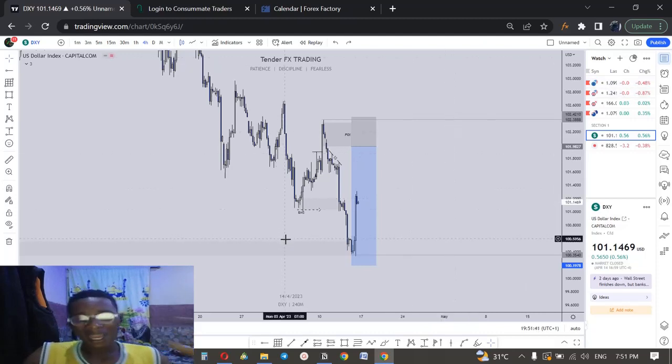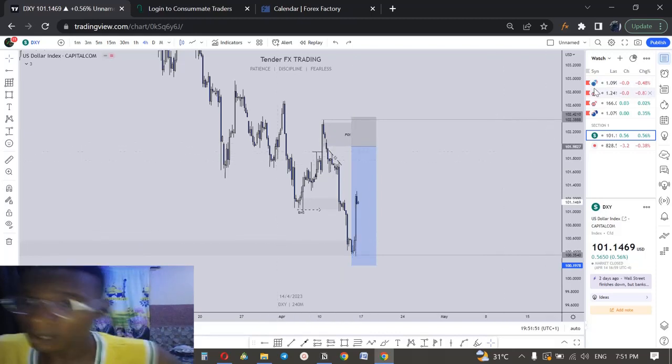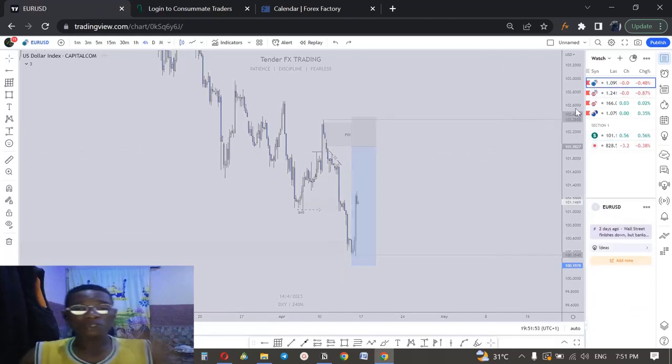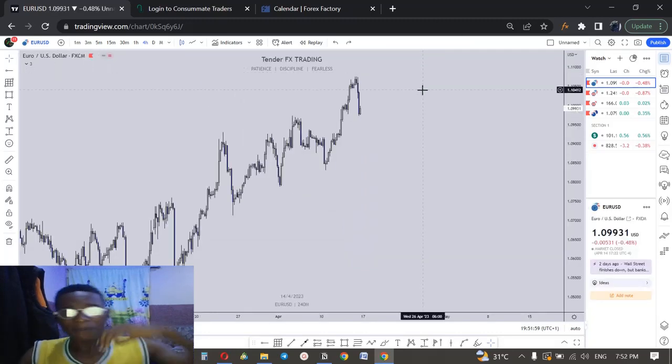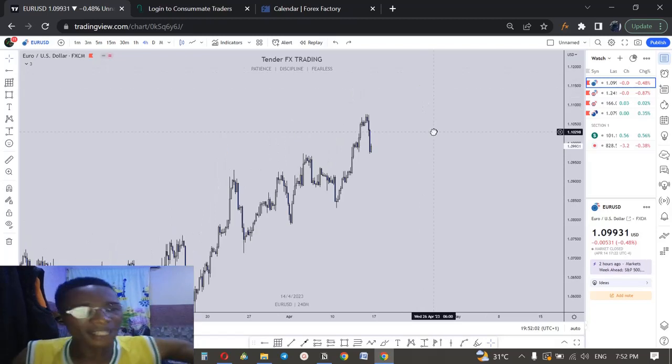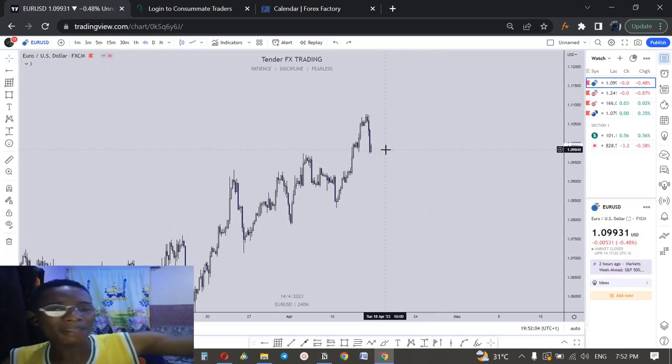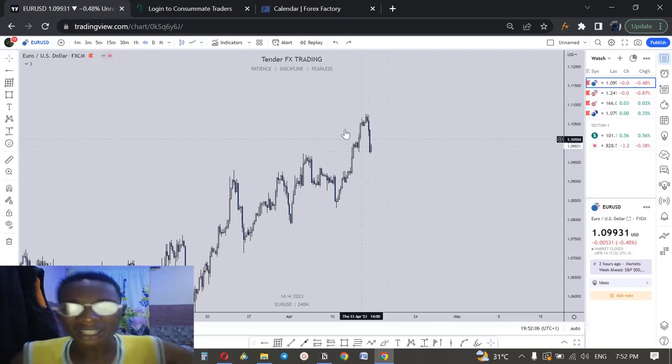So why you see me highlight areas of supply and demand zones when we're in a bearish trend is because I know that the market does not move haphazardly. The market does not just form a new lower low and a new lower high, right? What I mean is that the market moves in phases. There are areas that make price react.